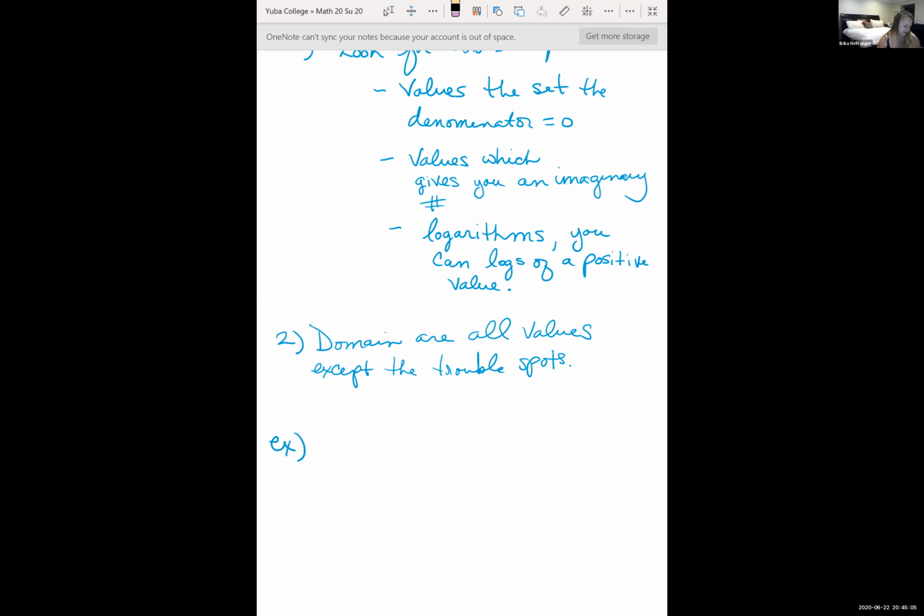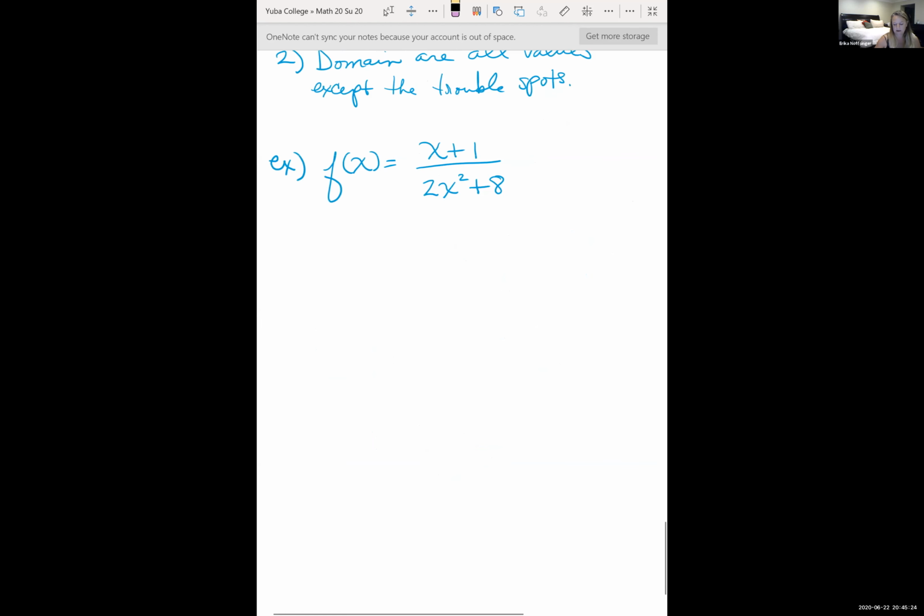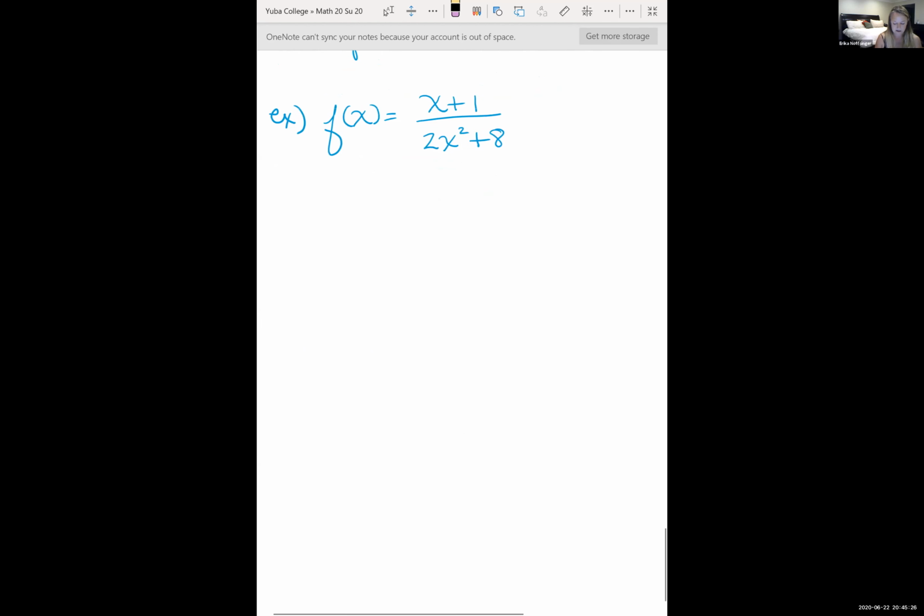So if you are given f of x is equal to a rational function, x plus 1 all over 2x squared plus 8, and it asks you to find the domain of f of x.